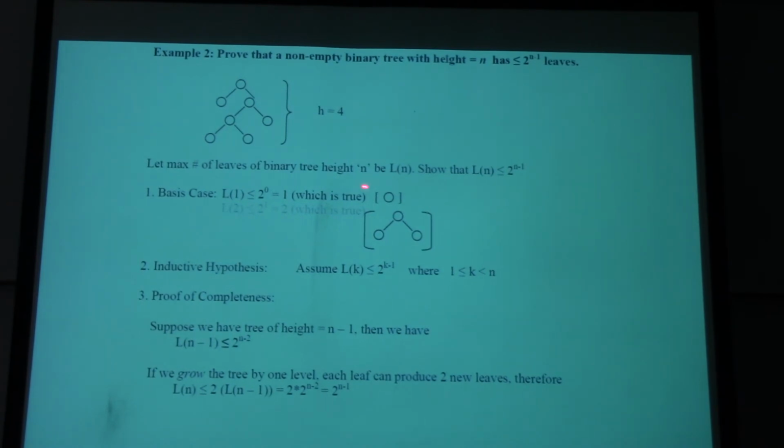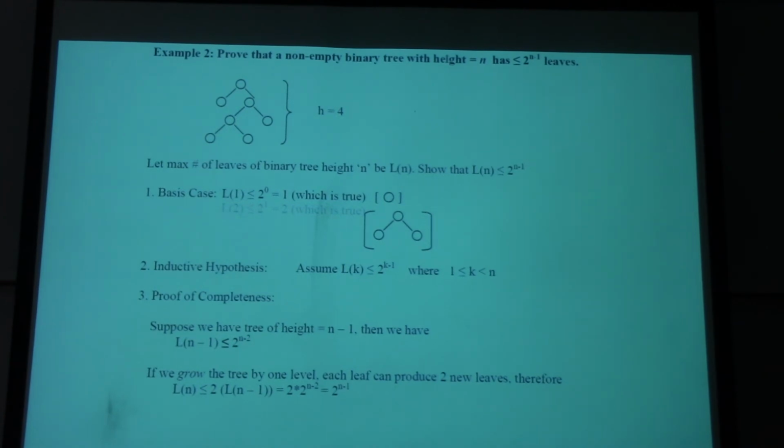And it's true because the root in this non-empty tree is also a leaf. So that's a basic idea. And again, this is optional, but you can say L of 2 is going to be 2 to the 1, which is equal to 2, which is true, because if a tree has a height of 2, the most leaves it can have is 2. And again, you don't really need to show this, but I'm showing it to you because it may make you feel more confident.